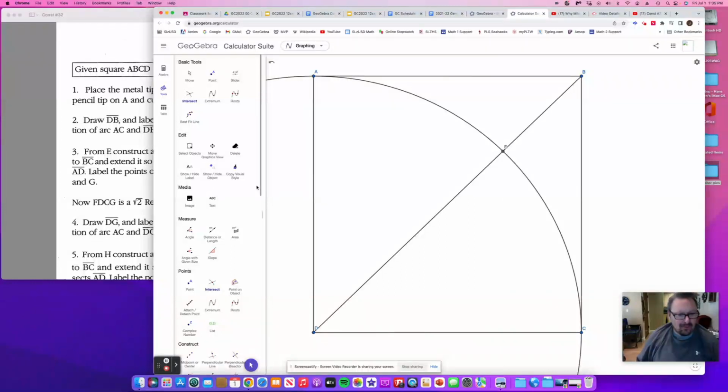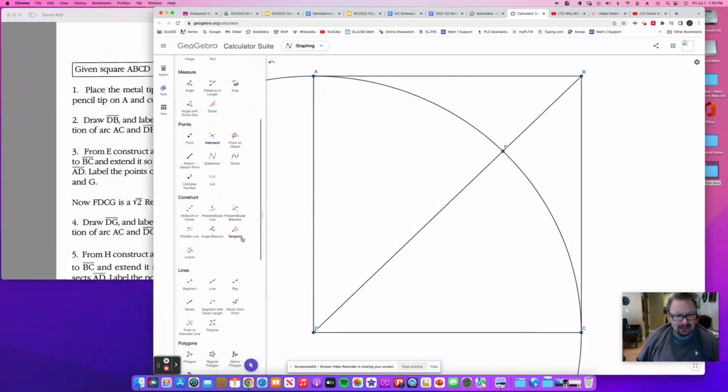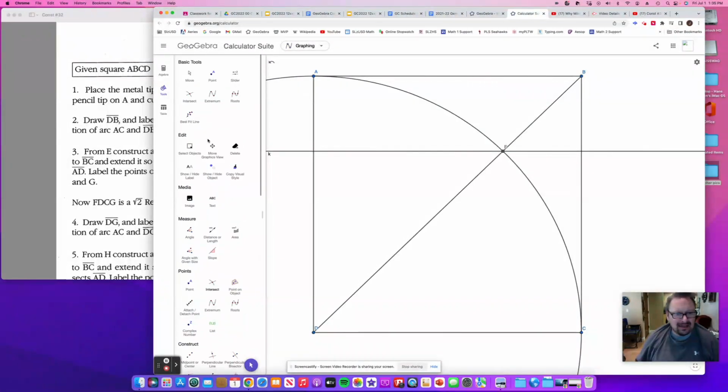And then we'll make a parallel line that will be parallel to this up here, but it goes through that point E, and again, hide the label.